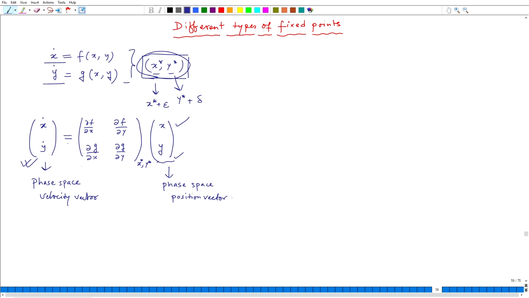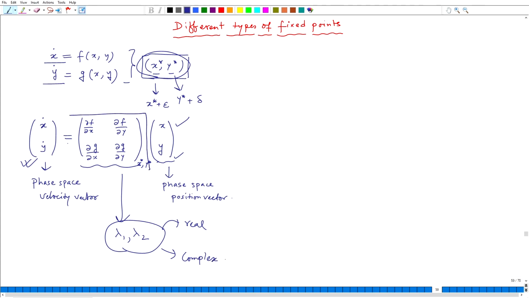Now, we said that this matrix will of course have two eigenvalues, lambda 1 and lambda 2, and these eigenvalues can be real or complex. Since they are constituted by real entries, the complex eigenvalues will always be in conjugate pairs.